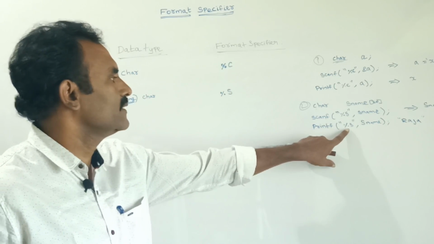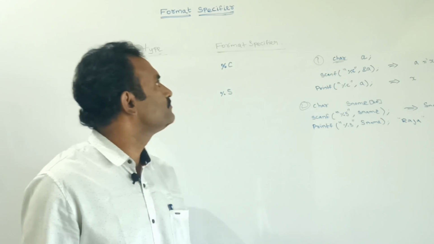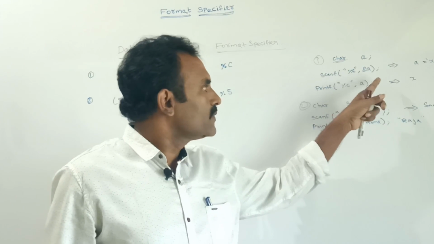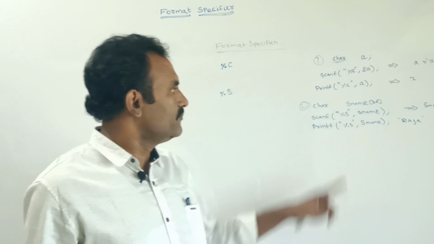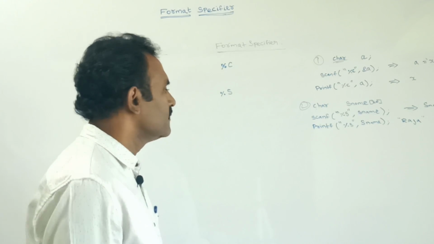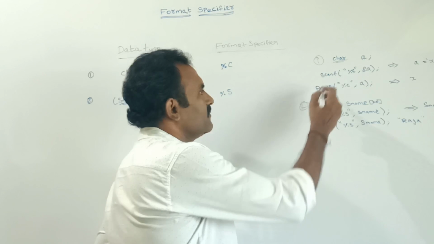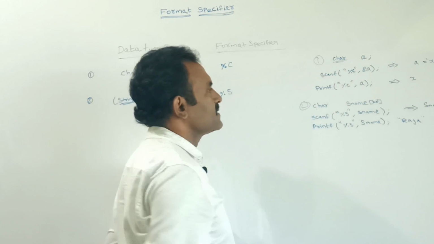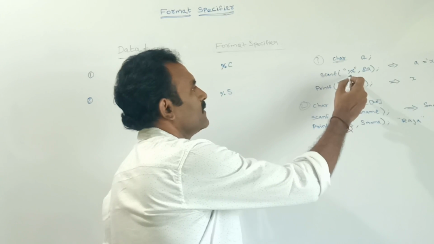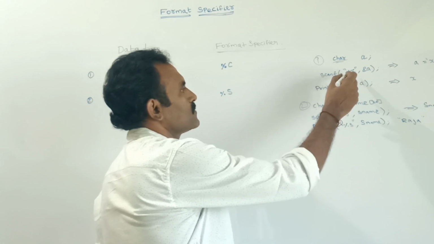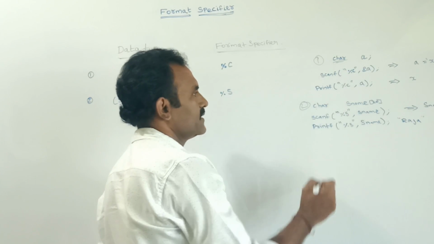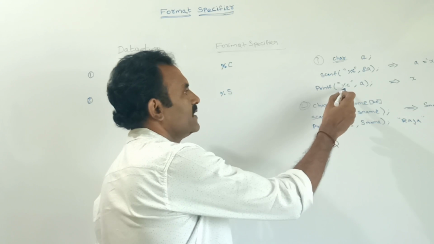In this way the format specifiers are used for input and output. While compiling or running a program, each time it meets a scanf function, first it checks what type of data the variable is going to store. %c means character. What type of data are we going to store? String data. In the same way, what type of data are we going to print?